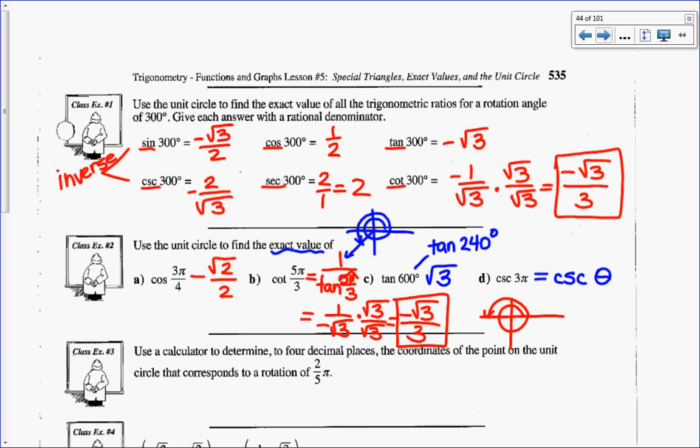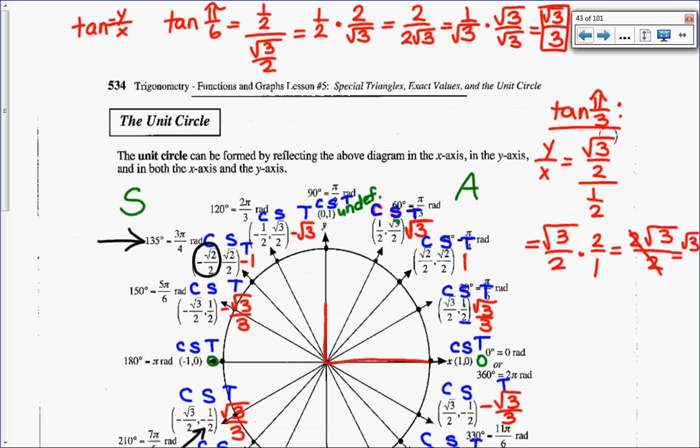Is what it's asking. Well, what is the inverse relationship? Well, cosecant is the inverse of sine, right? Okay, so what is sine pi at 180 degrees?